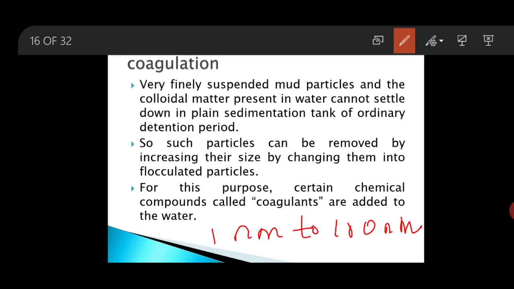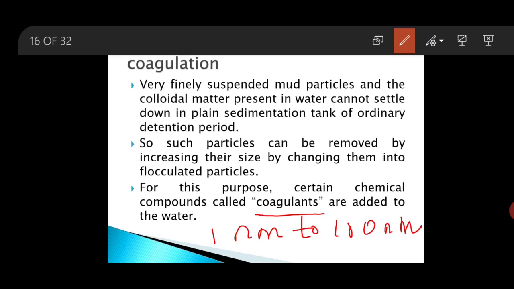Hence, in the plain sedimentation process, it is not possible to make the particles come close to each other and settle down as sludge. Therefore, for this purpose, certain chemical compounds known as coagulants are added to the water. Clear?